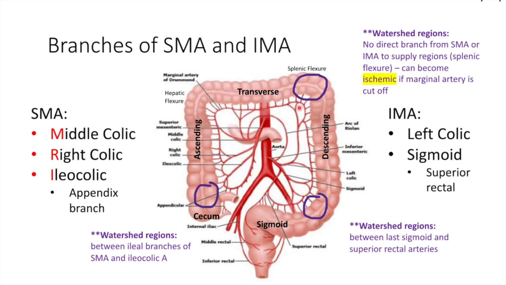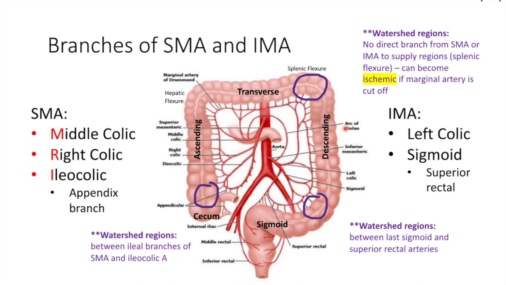But you can see that there's no major branch going to our splenic flexure, for example. So since there's no direct branch from SMA or IMA to supply these regions, they can become ischemic if this marginal artery, for example, is cut off. And if it becomes ischemic, it becomes necrotic, and then it dies.